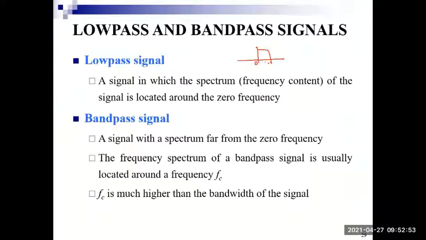So whenever you have a signal whose frequency content is located in the vicinity of 0, very close to 0, I'm writing only the positive portion. If you want, you can write the negative portion also. Such signals are called low pass signals. They are basically the message signals which inherently have low frequency.